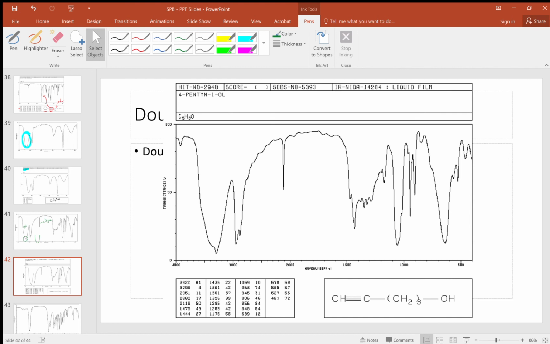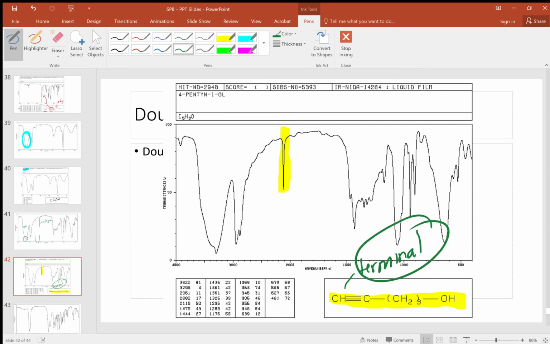But when we look at the actual structure of the compound, we start to get a hint as to why that peak is so oddly shaped. So the alkyne that we have in this molecule, we can see here, is terminal. And remember, a terminal alkyne is generally going to have a peak around 3300 wave numbers.